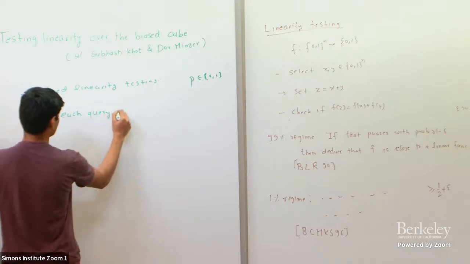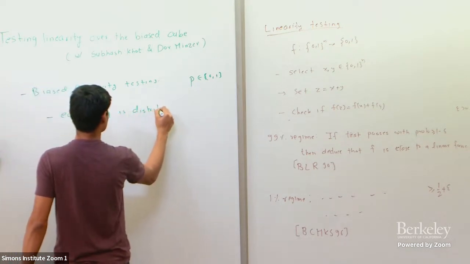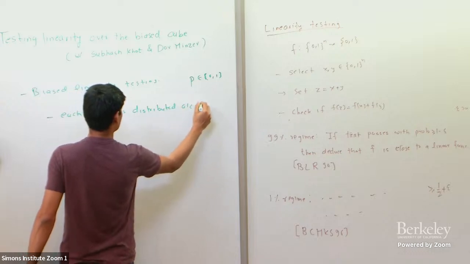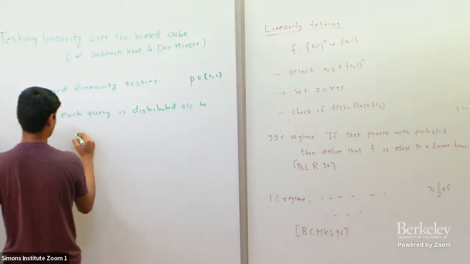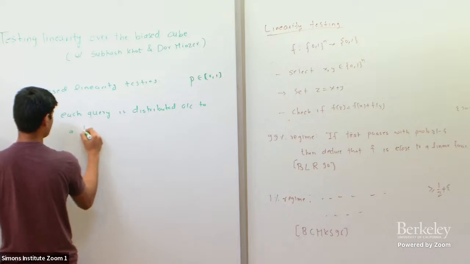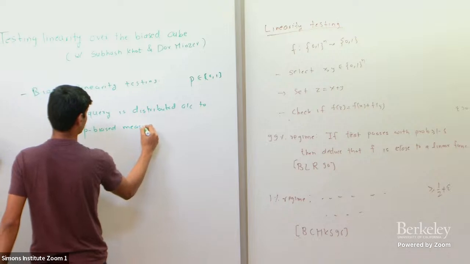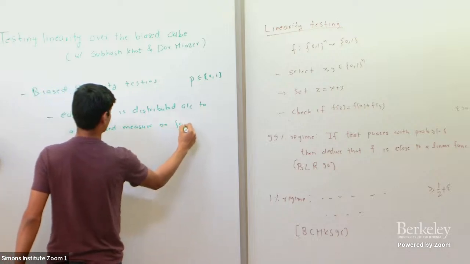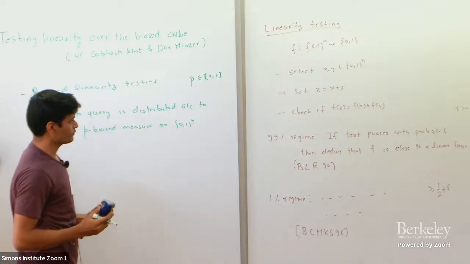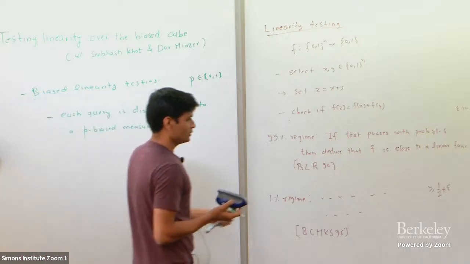Each query is distributed according to a p-biased measure.